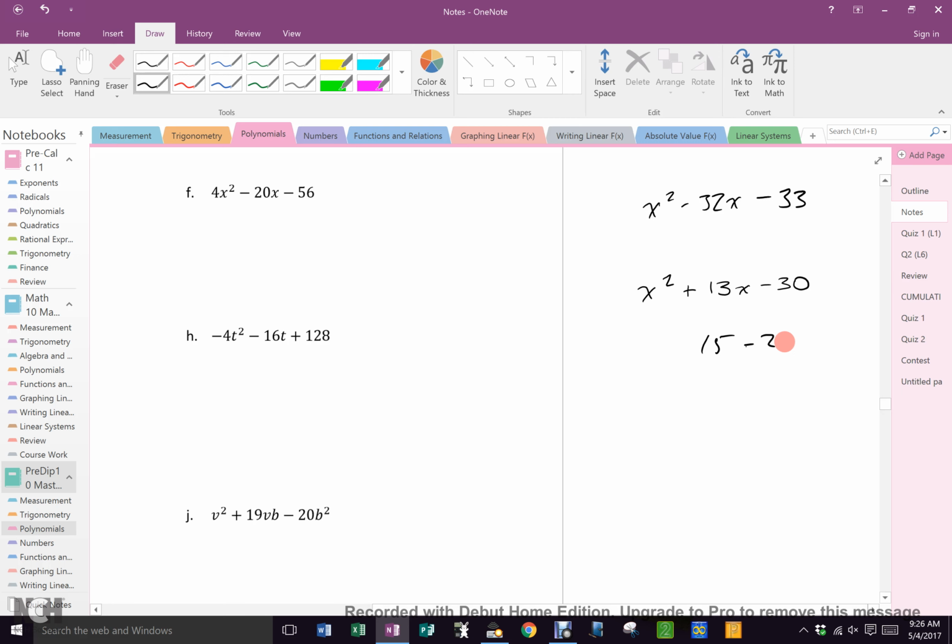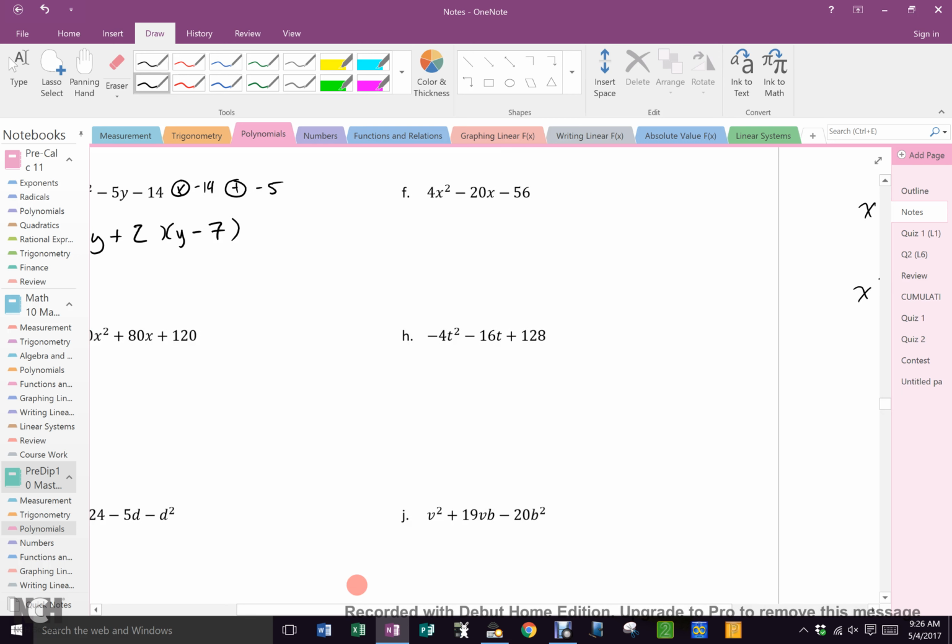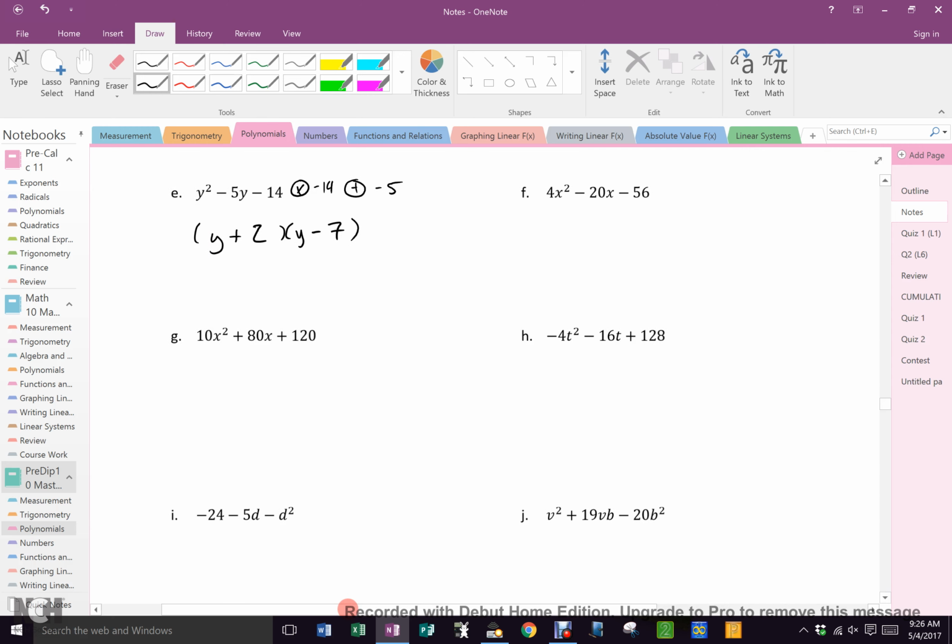Okay? So, that's the basic stuff. Everyone's cool? All right, look at F and tell me what's different. There's a leading coefficient, yes? Have I taught you what to do with that? No. But have I taught you a way to get rid of those? What was the first kind of factoring I taught you?